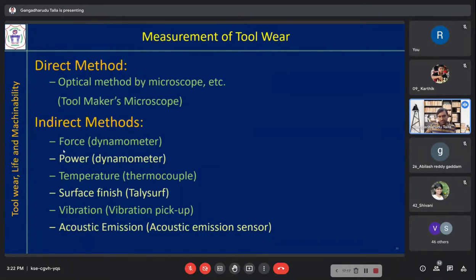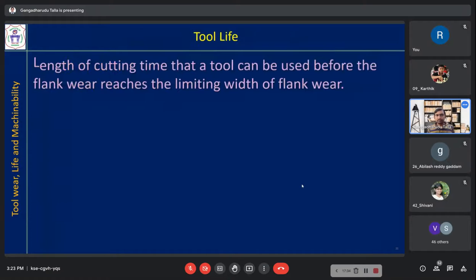Sound intensity can be measured. Based on that, you can understand whether the tool has worn or not. So these are the methods of measuring the tool wear, directly or indirectly.